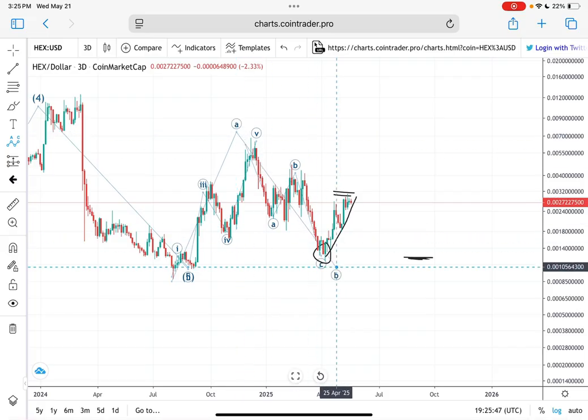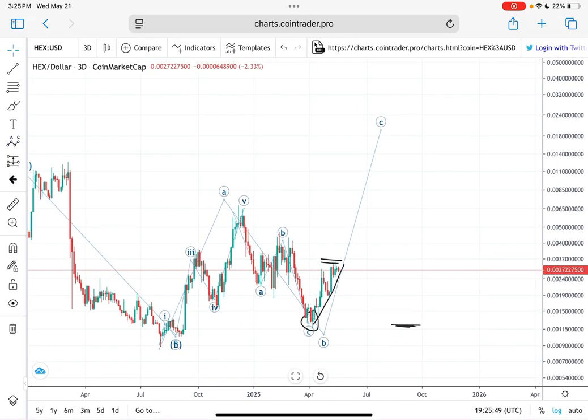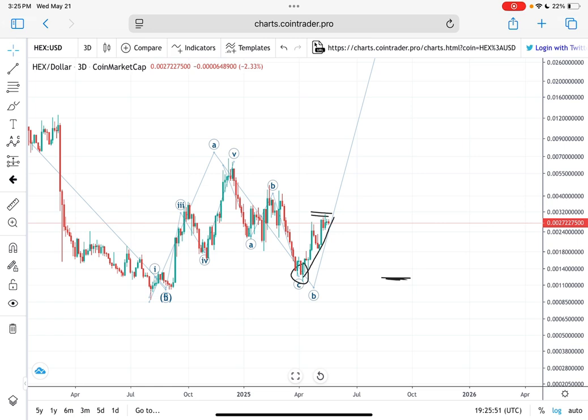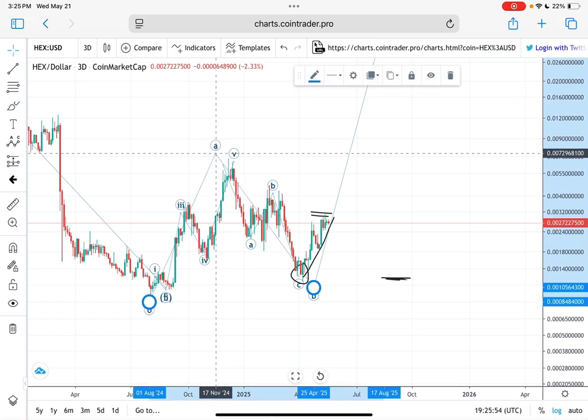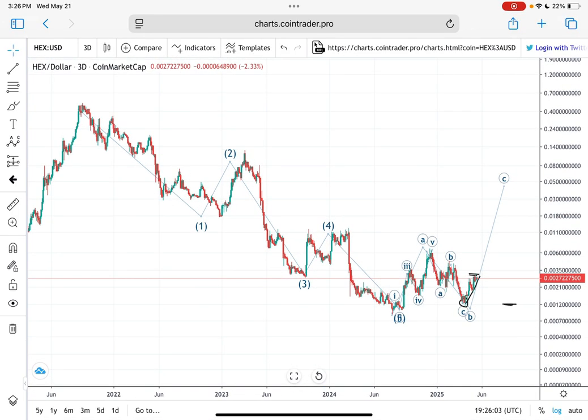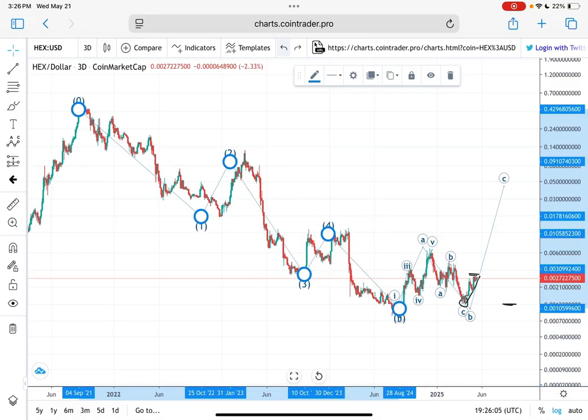So this would be your A, this would be your B, and then you have a C wave to the upside. Now this could be a wave A or 1, meaning it could be impulsive, but to be as conservative as possible, let's just say that this is an ABC, considering we have a 5-wave move down here.